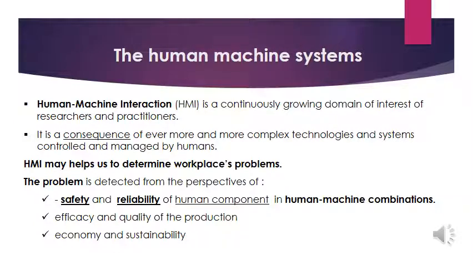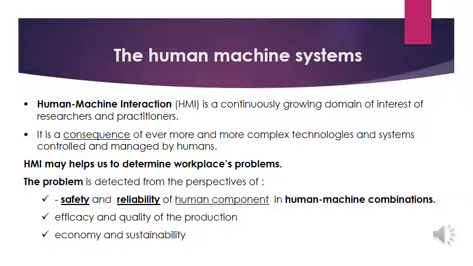When we talk about human-machine systems, we need to understand human-machine interaction. Human-machine interaction is a continuously growing domain of interest for researchers and practitioners. It is a consequence of more and more complex technologies and systems controlled and managed by humans.